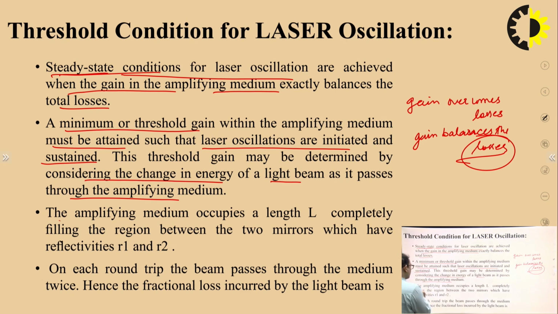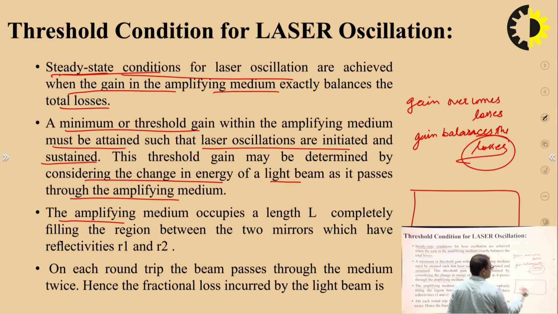Let's say this is the amplifying medium or the cavity. One mirror has a reflectivity R1 and the other mirror has a reflectivity R2. Clear?